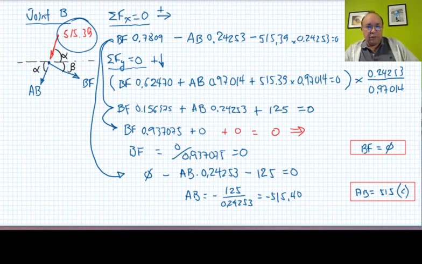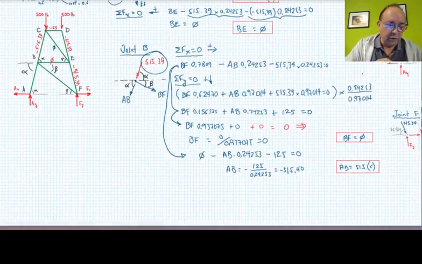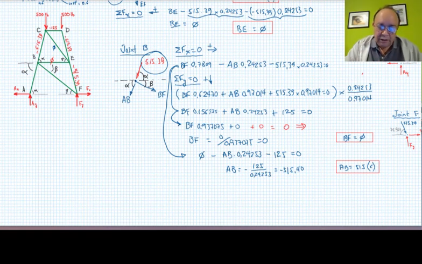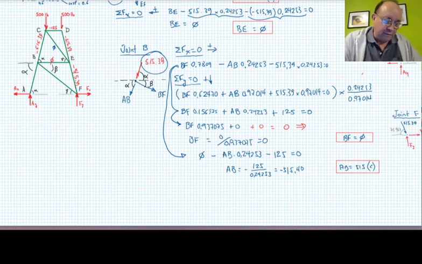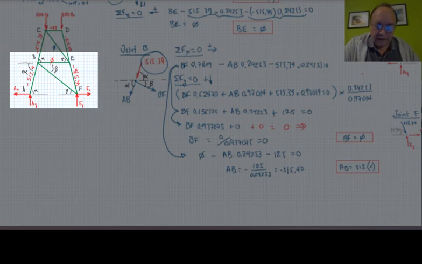And let's put those numbers into our diagram. So we have AB 515 negative, minus 515.4, or actually 0.39, and BF 0, so this will be 0 also.